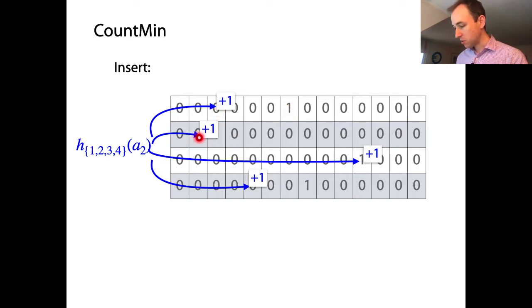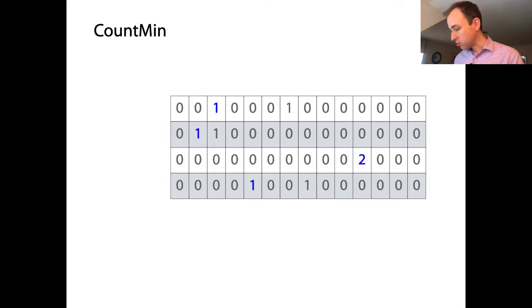A sub 2 is going here in this row. So h sub 2 is sending a sub 2 here. h sub 3 is sending a sub 2 here, which happens to be the same spot that h sub 3 assigned a sub 1. So there is essentially a collision in the third row. A sub 1 and a sub 2 got mapped to the same column in the third row. And then h sub 4 maps a sub 2 here.